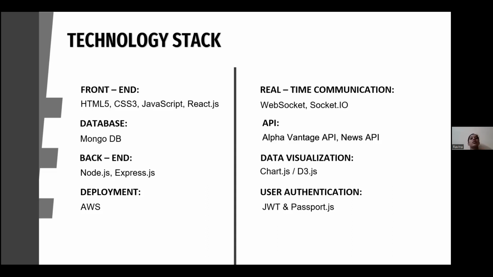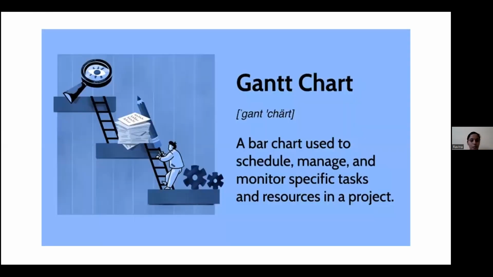They represent the raw data in a picturized form, like a pie chart, a bar chart, or a graph. User authentication, as I mentioned earlier, is most important for the security of the user's data. We are using JWT, that is JSON Web Token, and Passport.js for user authentication.